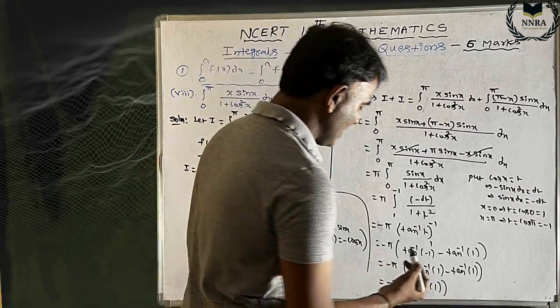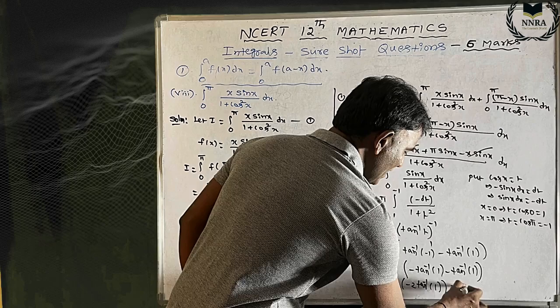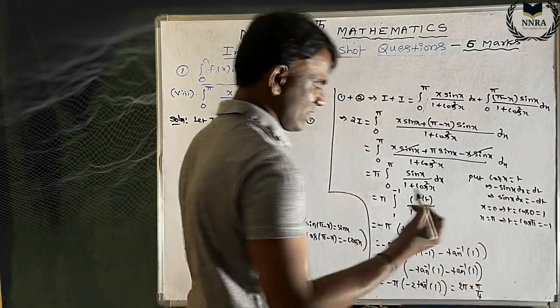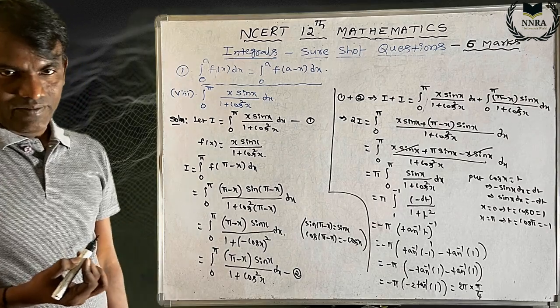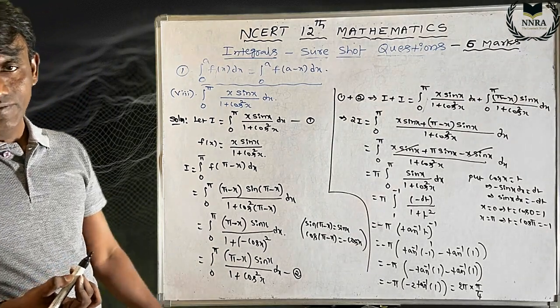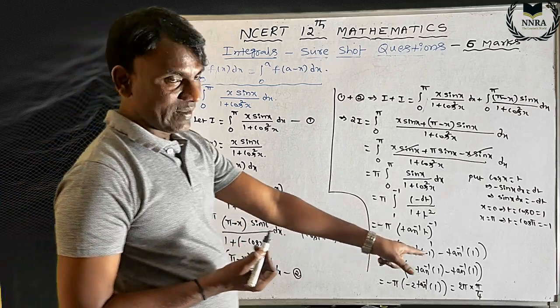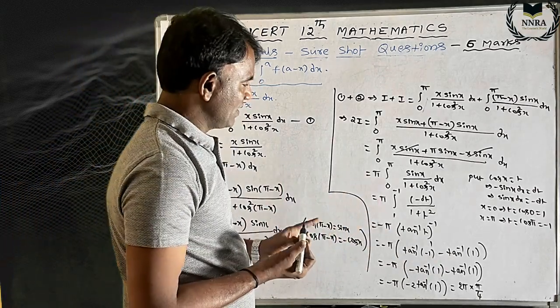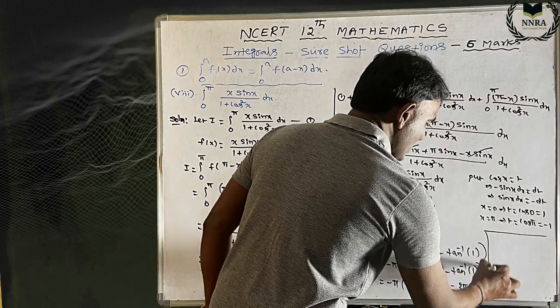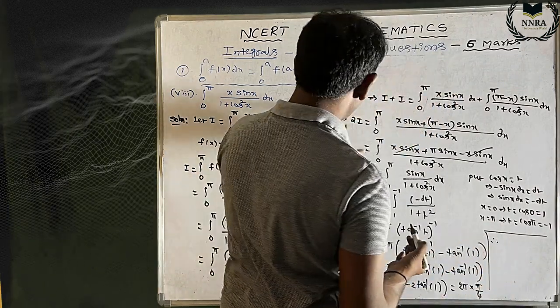So minus into minus is plus. So it is 2 pi, and tan inverse of 1 means pi by 4. Clear? 45 degrees. Tan 45 is equal to 1, so tan inverse of 1 equal to 45. That 45 can be written as pi by 4. And this is the 2I value. I am writing here only 2 steps, but we want the I value.